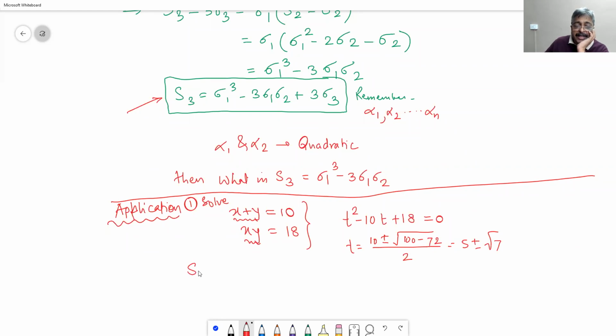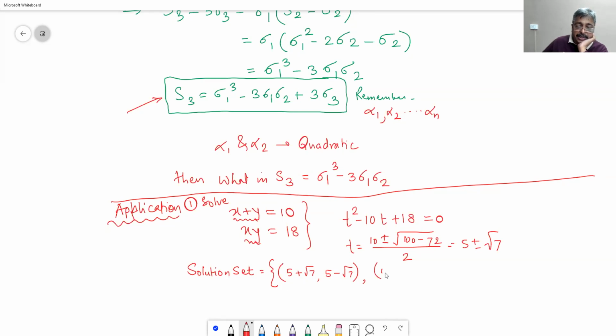So the solution set is a set of ordered pairs, therefore curly brackets. It's an ordered pair, x followed by y. So if x is 5 plus root 7, then y is 5 minus root 7. That is the first solution.